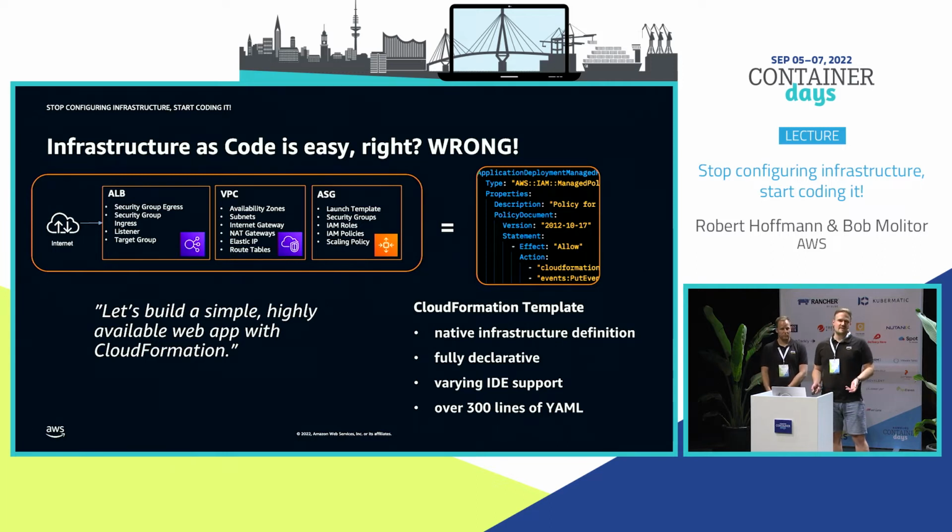Or for my VPC, which is my virtual private cloud, so basically my private network in the cloud that only I can use, if I need to configure that, I need to think about the networking range, the CIDR range. I need to think about routing. I need to think about subnets. I need to think about availability zones, and so on and so on. And when I've made all of those decisions, in the end, that's when I get 300 lines of YAML. Whew, that's quite a lot.